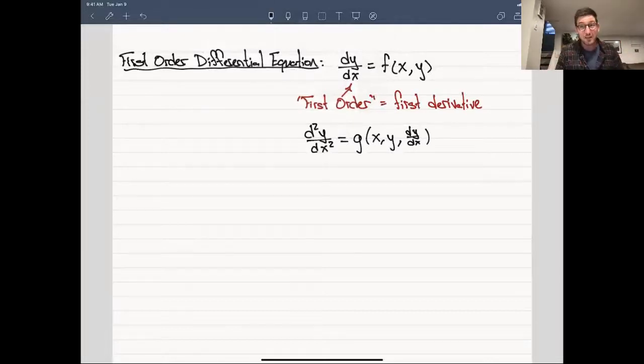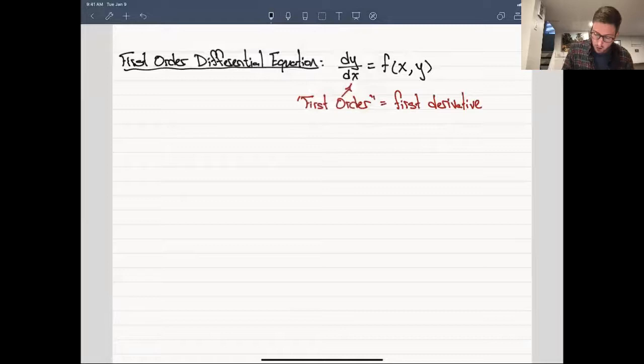Now you can see things get very, very complicated, right? This is now a function that gives you, again, if you're thinking in terms of physics, the acceleration of an object in terms of its position and velocity. So second order differential equations are beyond the scope of this class. We are just going to talk about first order differential equations here.